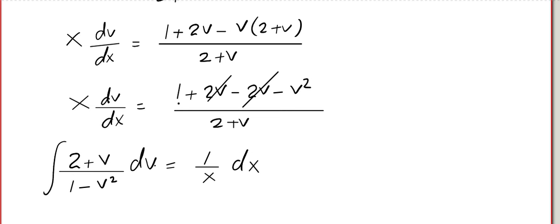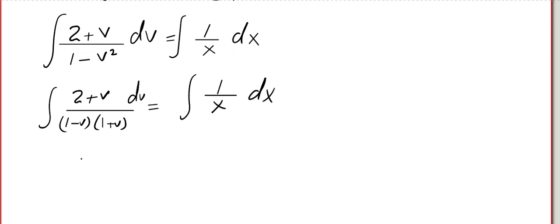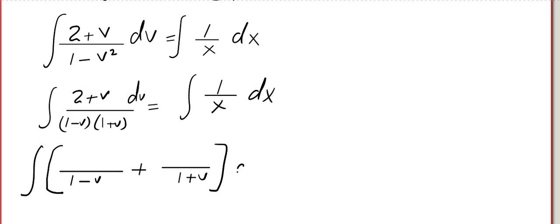So time to integrate. If you want, you can use method of suppression, because this is 1 minus V into 1 plus V. I hope you remember method of suppression. Split into fractions over 1 minus V plus over 1 plus V. This side will be ln X plus ln C.